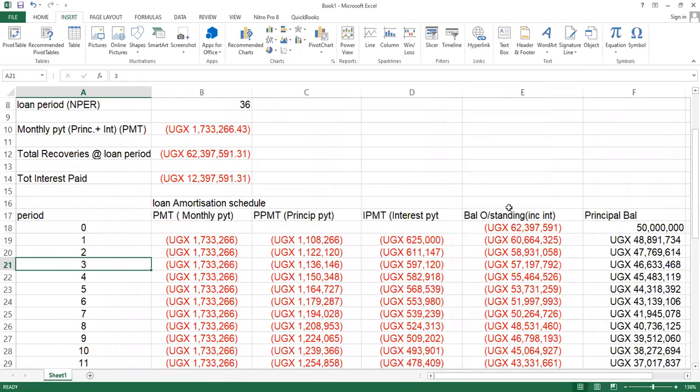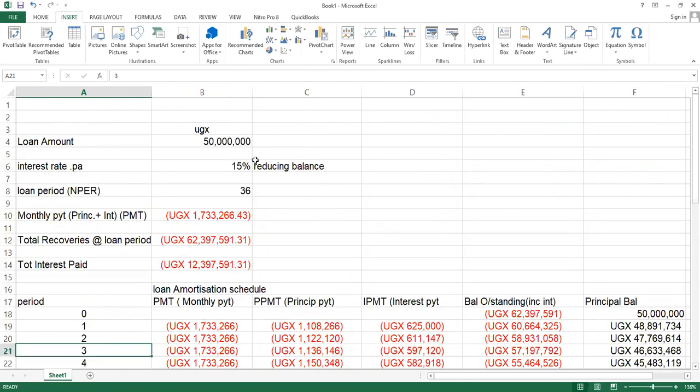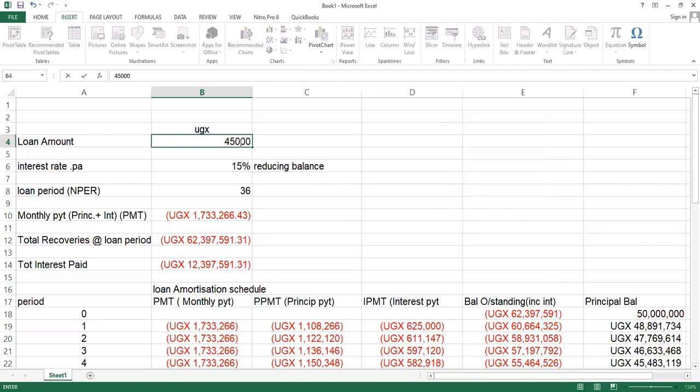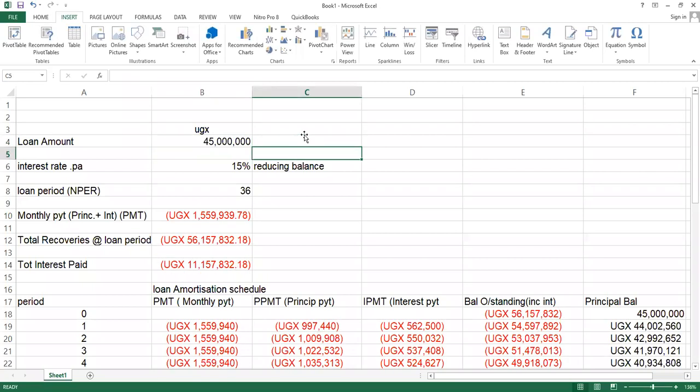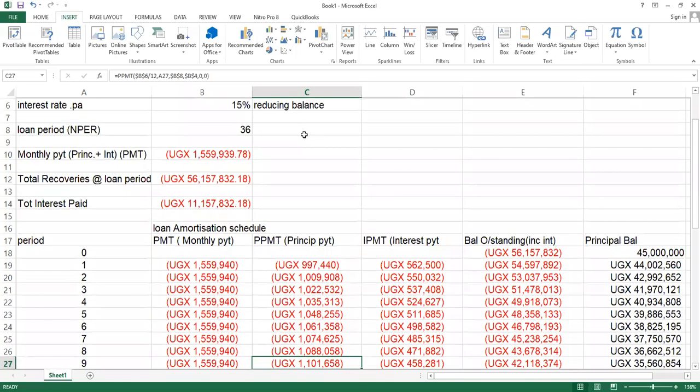Once I have this template, even if another client comes, I don't need to really suffer, because if I change here, now assuming that the loan amount has changed maybe to 45 million, and the other variables have remained the same, you find that the rest will change automatically.